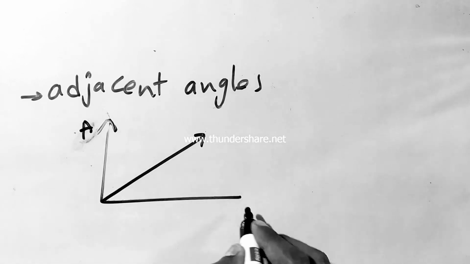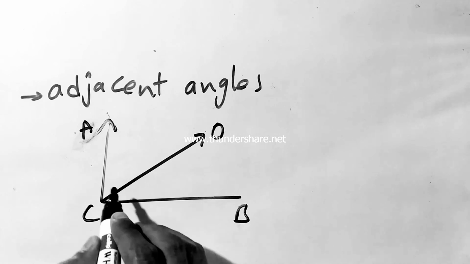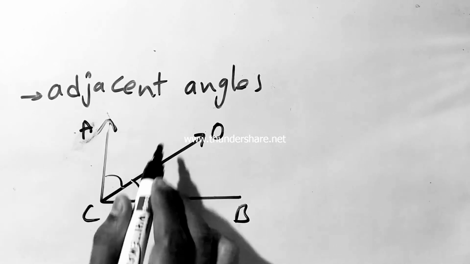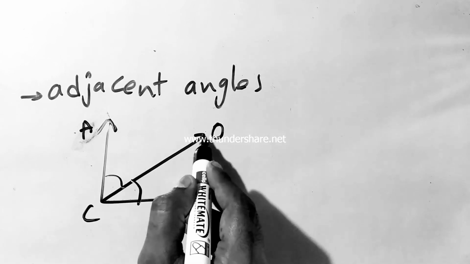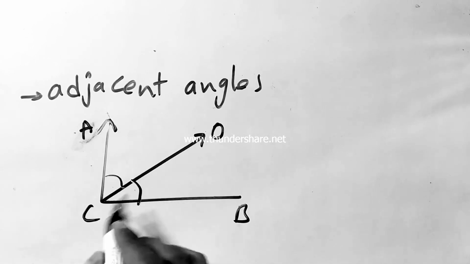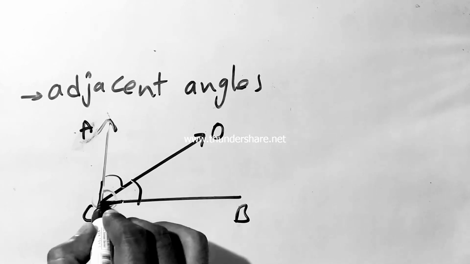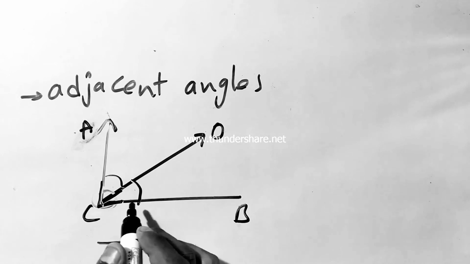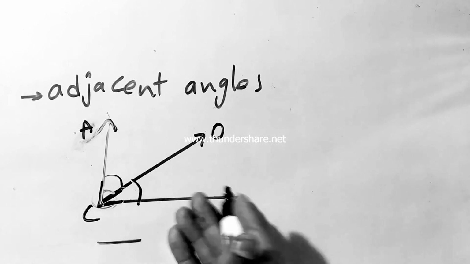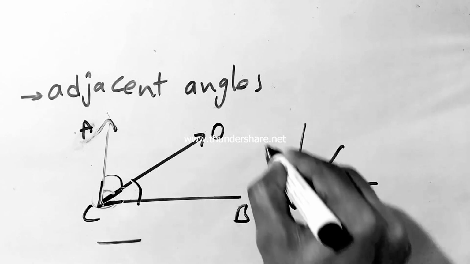A, B. So this is C. These are two adjacent angles. They are side by side, having a common arm and a common vertex. This is a vertex. A vertex in mathematics is a common point of two or more lines.